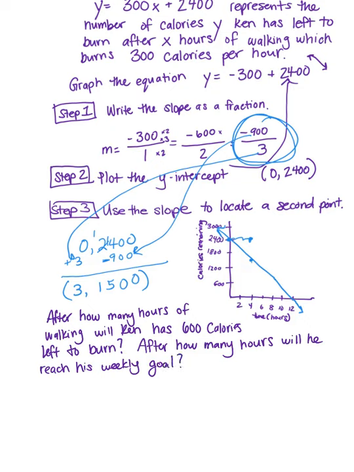Okay, so the first thing we're going to do is we're going to locate 600 on the y-axis, and we're going to read across and down to the x-axis. So we're finding our 600 is going to be right here.